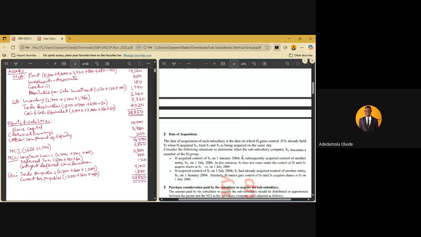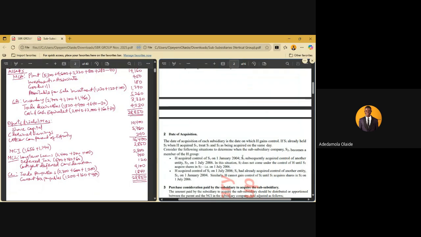The second case is where the ultimate parent acquired the subsidiary, and on that same day the subsidiary is acquiring the sub-subsidiary. No issue. The same date is what they will have as date of acquisition. That is, A acquires B on 1st January 2016, and B is also acquiring C on 1st January 2016. All of them will have date of acquisition to be what?